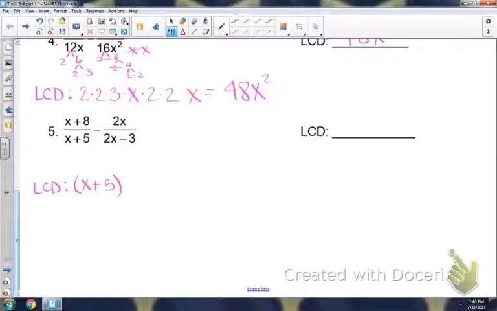And then look at the second denominator, 2x minus 3. I cannot factor that. If you have more than one term and it's not already in the LCD exactly what it says, you need to bring it down. So I'll need to bring down 2x minus 3. That would be my LCD. You don't want to multiply it together because tomorrow we're going to want it factored. So we wouldn't multiply it together.